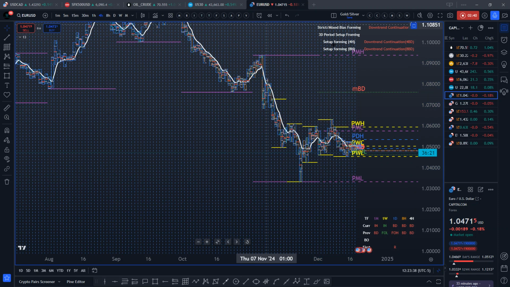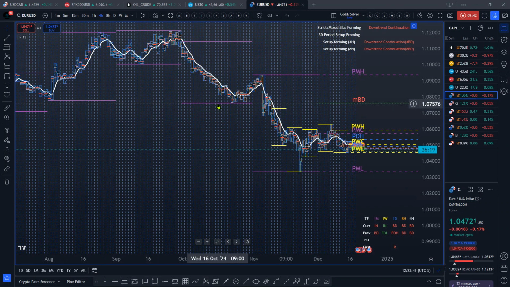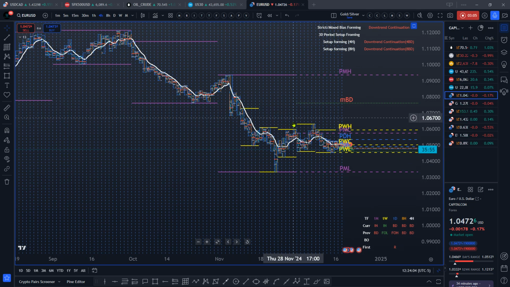Okay, so long as we stay below the lows of October, then while being inside of November's range, below the lows of October, the monthly breakdown level, MBD, that's bearish. So on the chart, it shows that we're inside of last month, IN. It's a red IN because it's in breakdown. So breakdown, right? So the monthly chart is bearish.